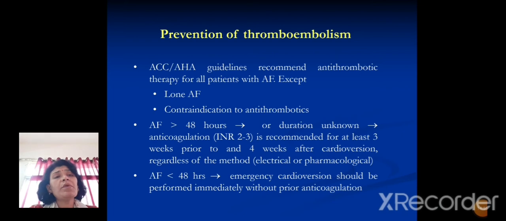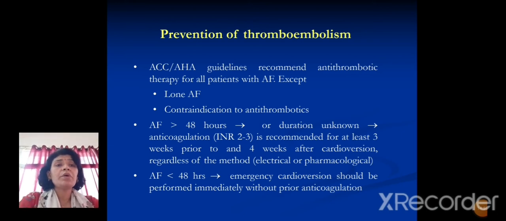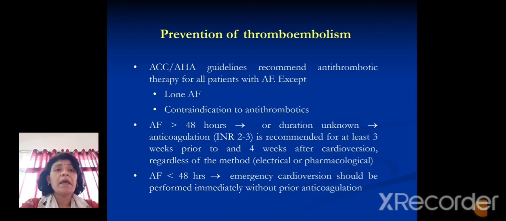Prevention of thromboembolism. After either rhythm control or rate control, the most important thing is to prevent the thromboembolic episodes, which can be detrimental for the prognosis in patients with atrial fibrillation. So ACC AHA guidelines recommend antithrombotic therapy for all the patients with AF, excepting for the patients with lone AF or where there is contraindication to antithrombotics.